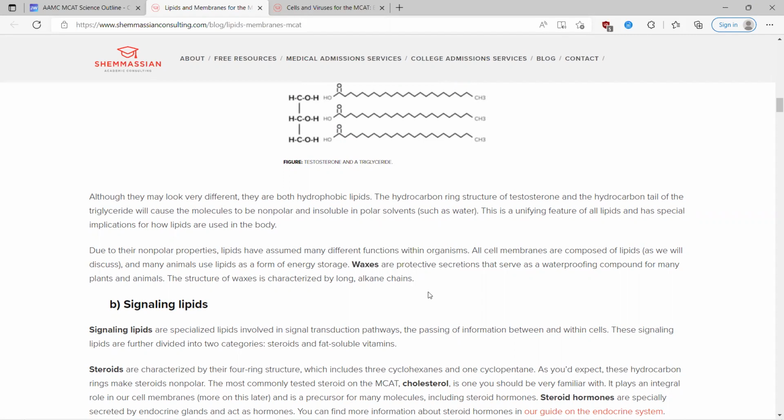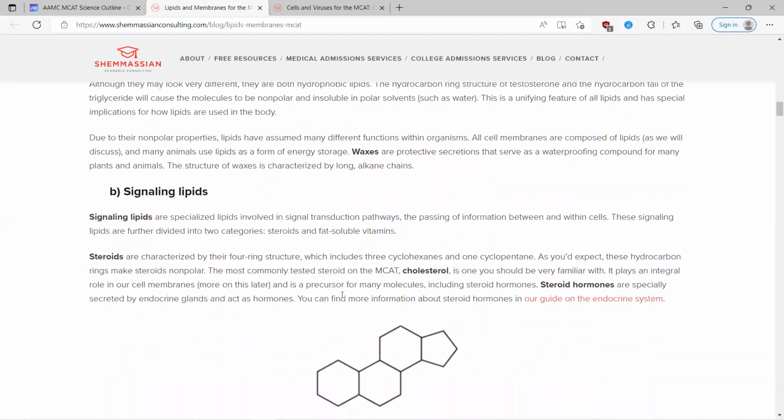They have a little glossy sheen to them. And that's actually waterproofing. Because they're nonpolar, they repel any water that comes in. So that's one form of lipid use in biology, as a wax.